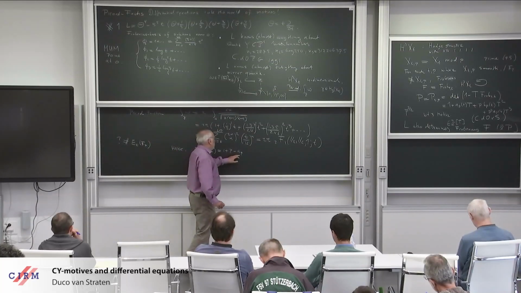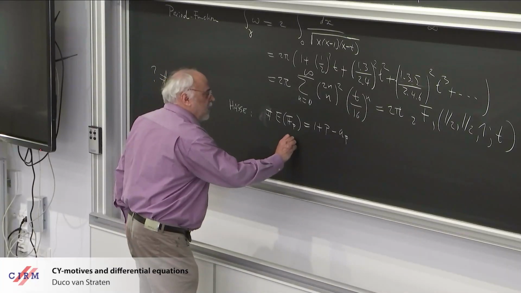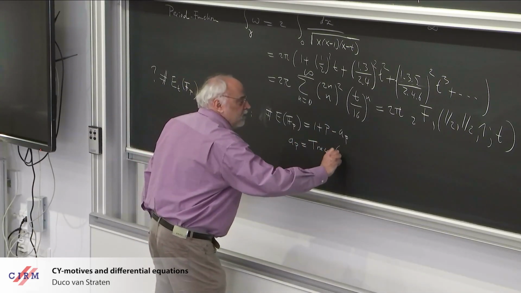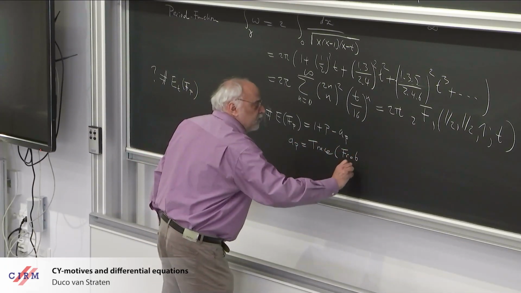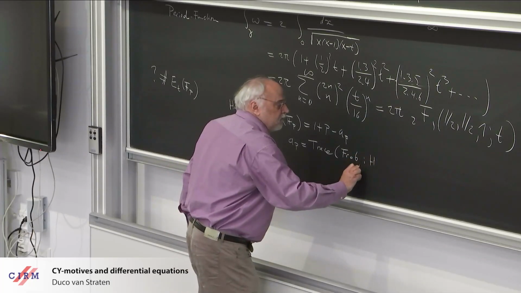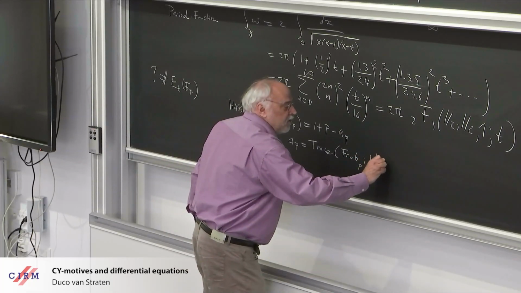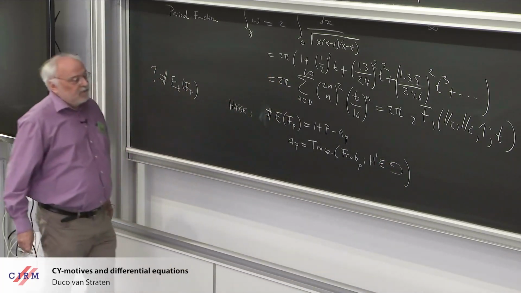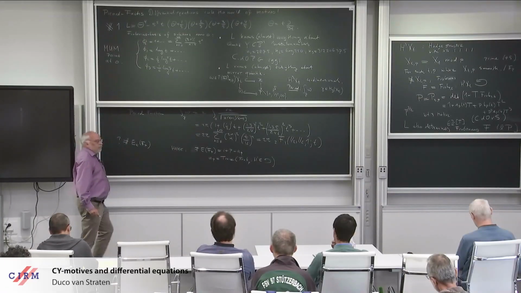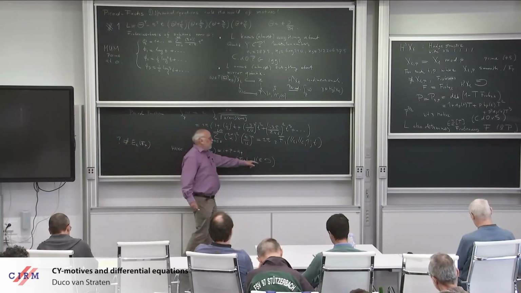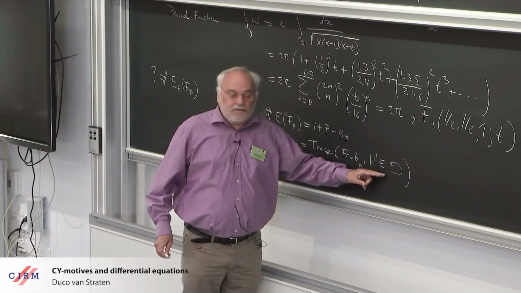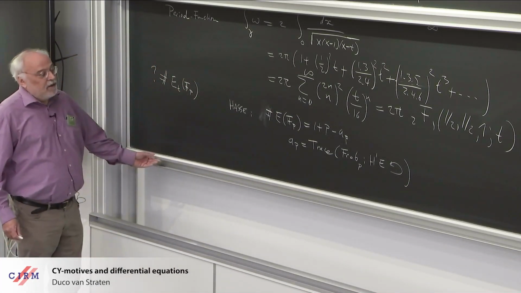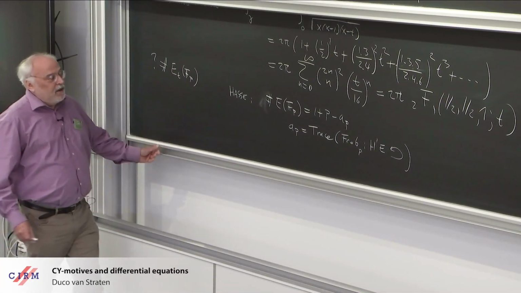And this a_p can be interpreted as the trace of a Frobenius acting on the first homology, which in this case you can take as the Tate module of your elliptic curve.